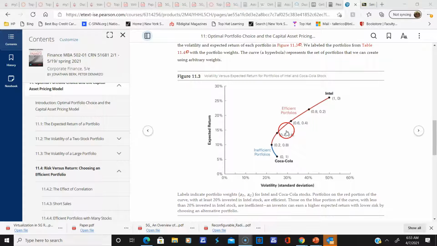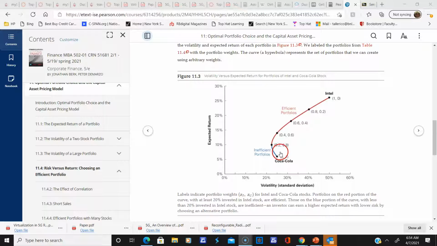So this will give you the different portfolios depending on your level of volatility as far as returns. As long as you have more than 20% invested in Intel, you'll notice you're going to get a higher return, but with the chance of more volatility.